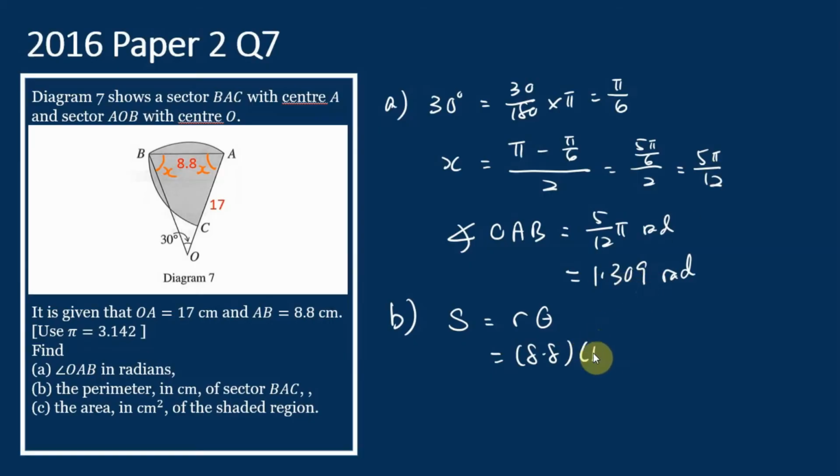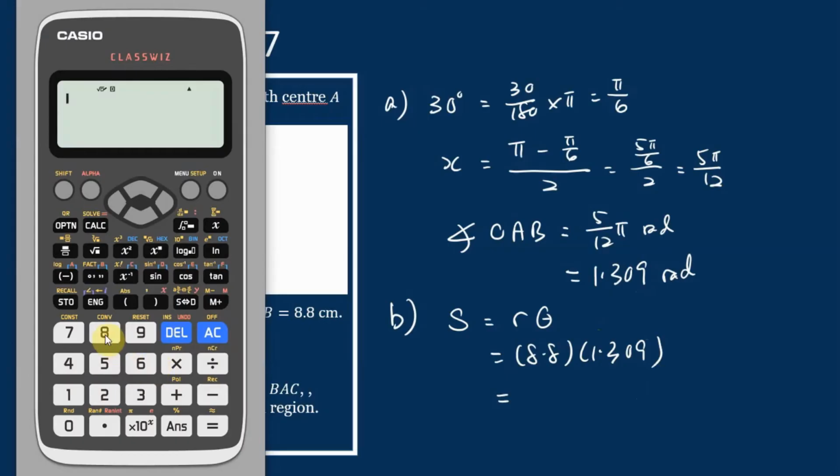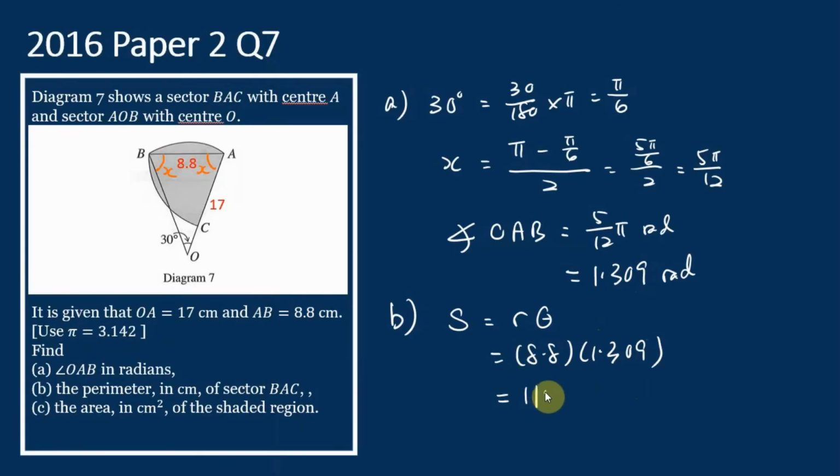Let's use 1.309. The arc length is 8.8 times 1.309, which is equal to 11.52 centimeters.